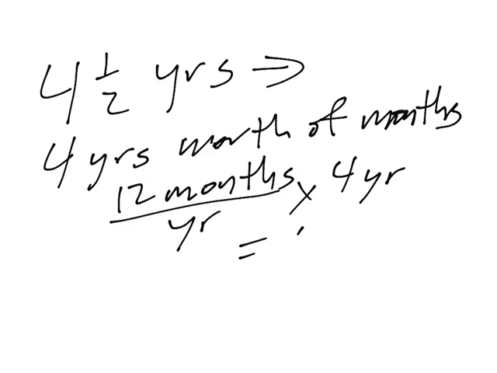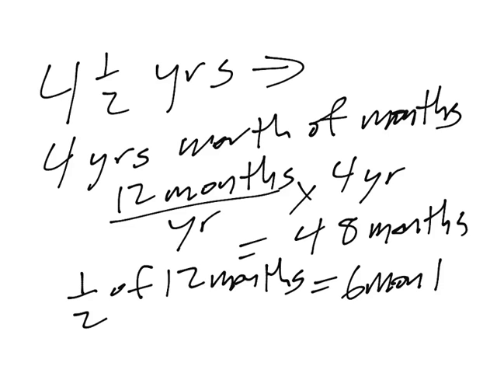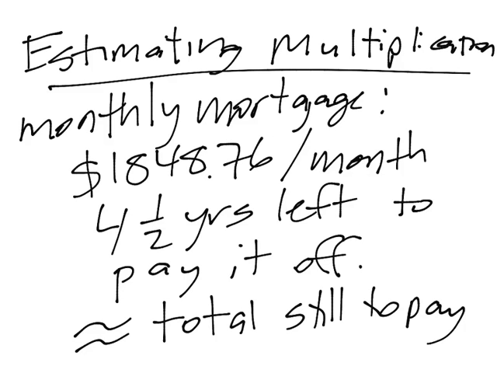So that's going to be 48 months. And then another half of a year, another half of 12 months, so an extra 6 months. And so that's a total of 54 months.